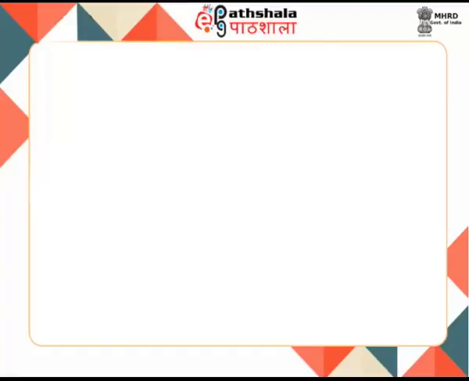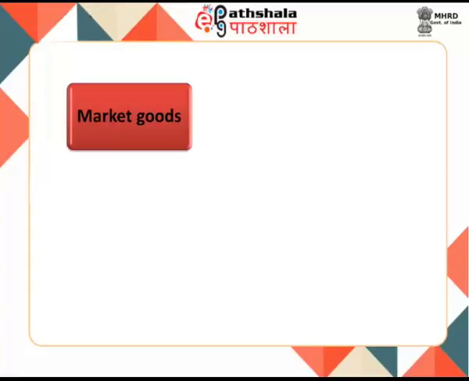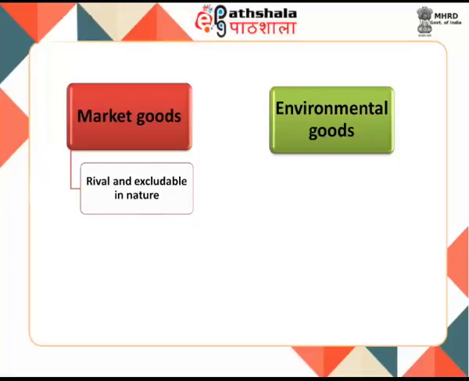To understand the utility function with environmental good, we first have to understand that the basic nature of a market good is different from an environmental good. Market goods are rival and excludable in nature, while environmental goods, which are pure public goods, are non rival and non excludable.